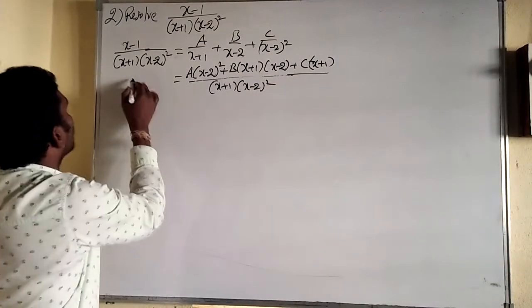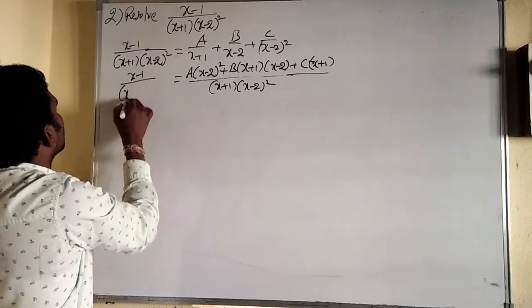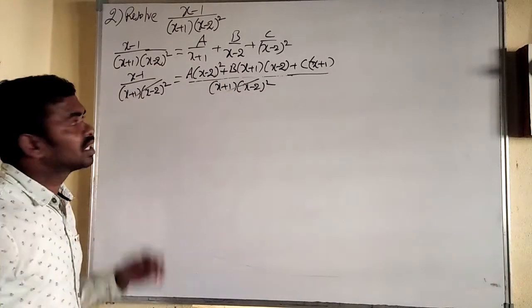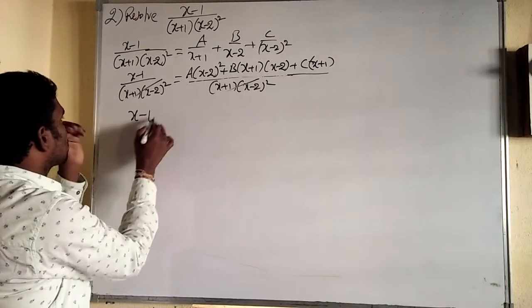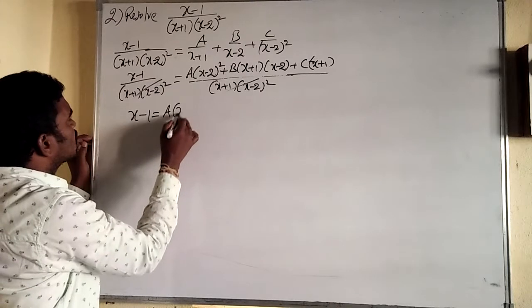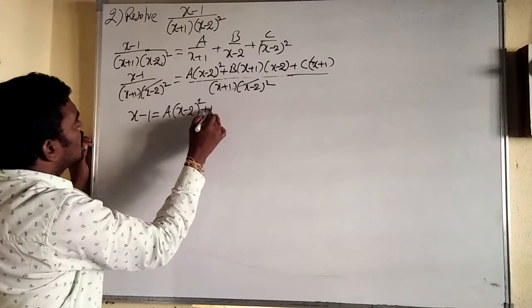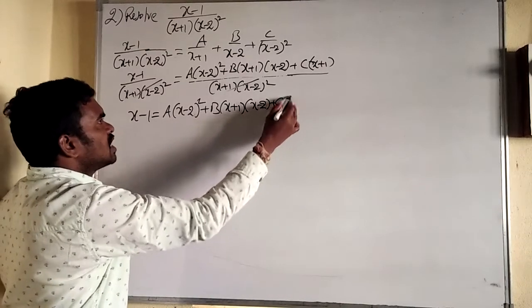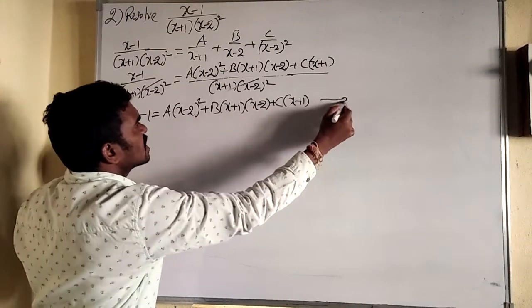That's it. Okay, so (x − 1) over (x + 1)(x − 2)², both are cancelled. Remaining: x − 1 = a(x − 2)² + b(x + 1)(x − 2) + c(x + 1), take this as equation 2.